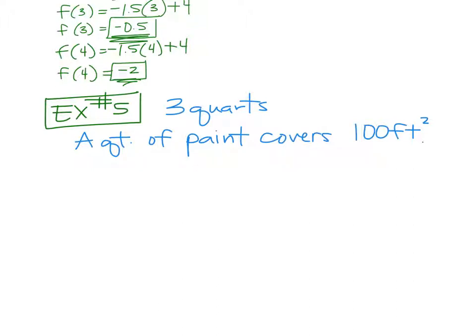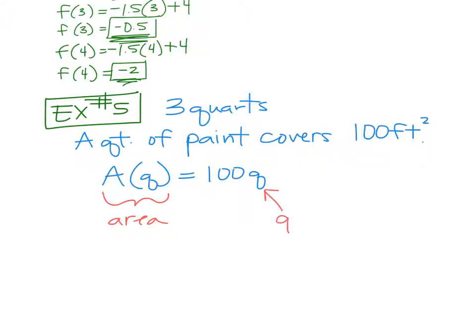The function A of Q equals 100 Q represents the area, A of Q. Okay, so this right here is the area in square feet that Q quarts of paint will cover, so Q is your number of quarts. Okay?